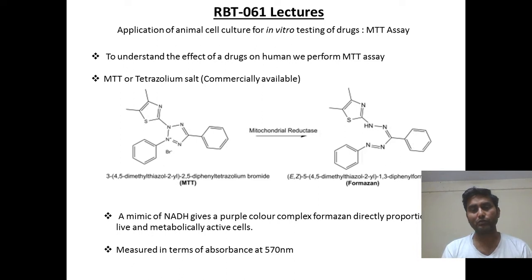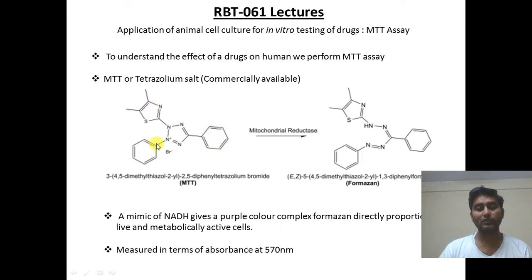The MTT assay is one of the techniques through which we can understand the effective drugs or the concentration of an effective drug. For that we need MTT. MTT is a chemical, also called a tetrazolium salt, and this is the formula for MTT.